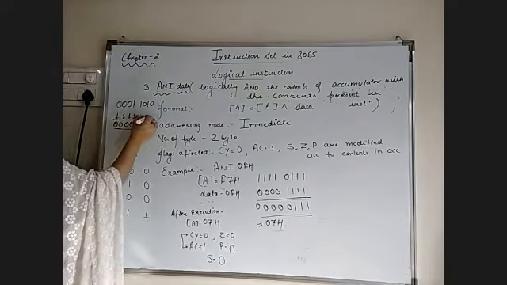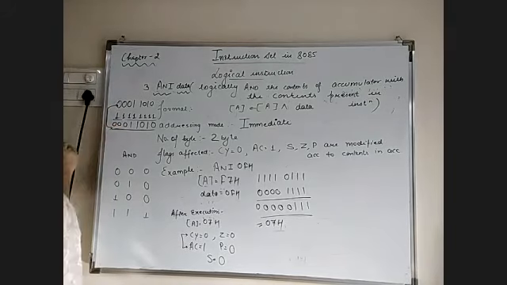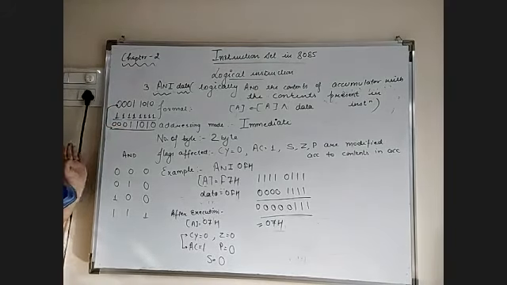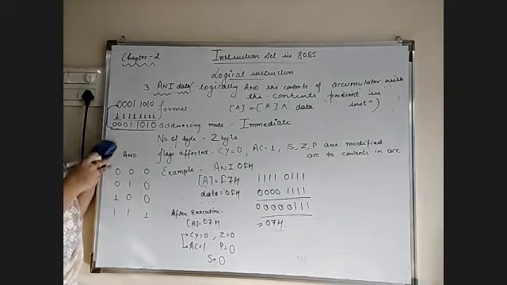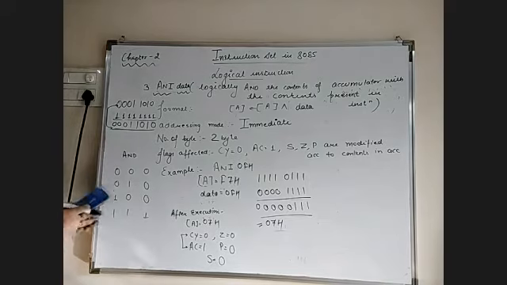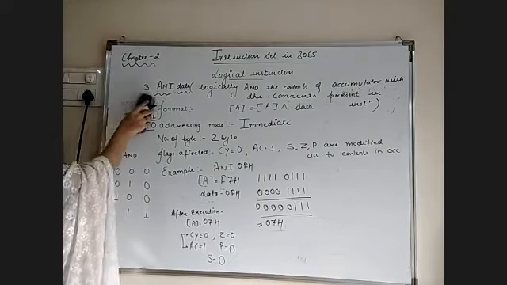These two values are the same. So when we logically AND 0 with the contents, that becomes 0, and anything that we logically AND with 1 stays the same. Okay, so that is your AND instruction in 8085.